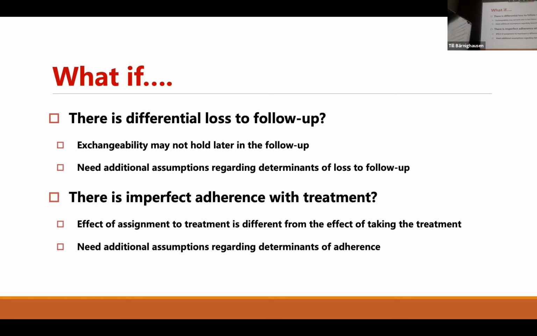And if there is imperfect adherence with the treatment, we should also be careful that the effect of assignment to treatment might be different from the effect of taking the treatment. But we are not dealing with randomized control trials in this class.